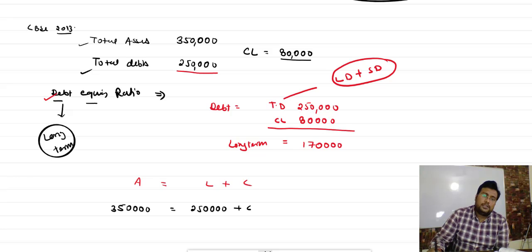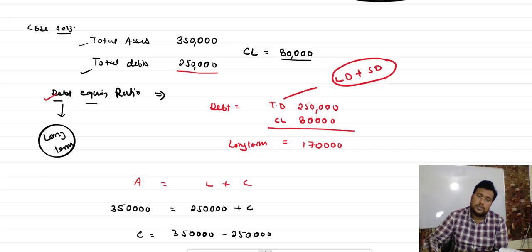So capital, equity shares, is equal to 3,50,000 minus 2,50,000 is equal to 1 lakh rupees.